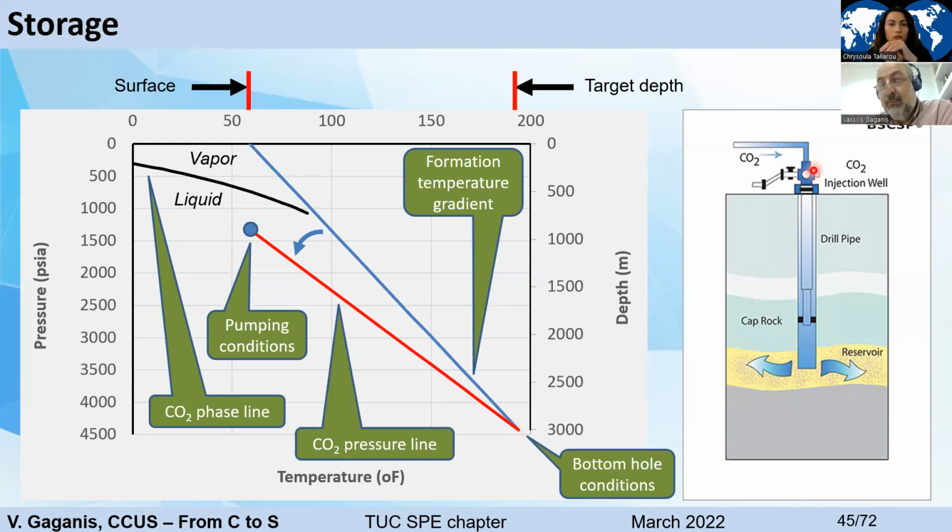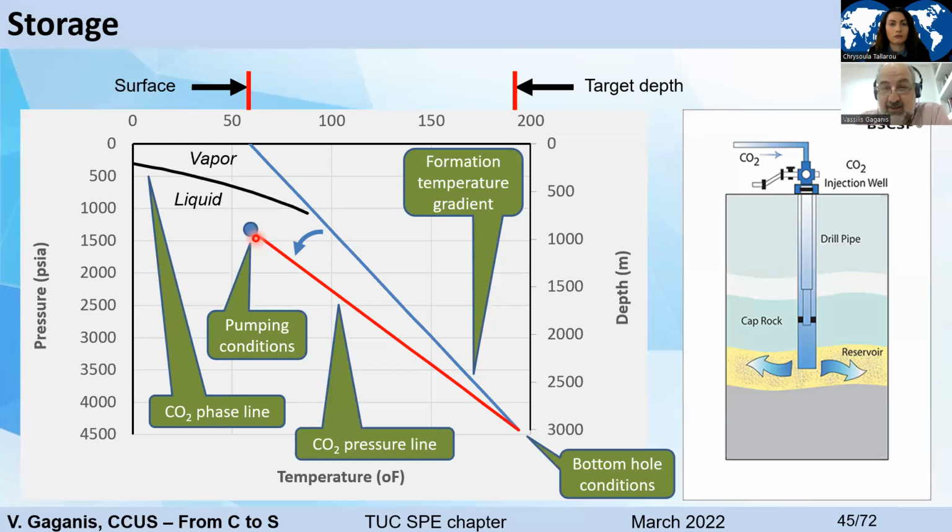Well, clearly, the pressure here is the pressure at the bottom minus the hydrostatic column here. The hydrostatic column can be easily shown by the red line here, the slope of which has to do with the average density of CO2 at that depth.